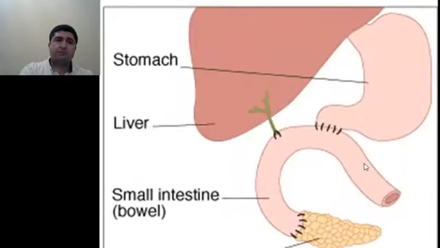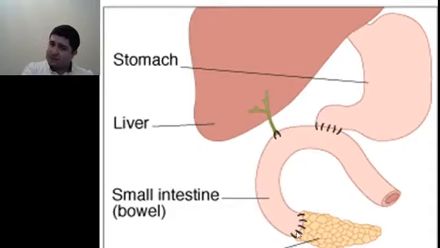A very big operation. And here you can see what we do. One more anastomosis between stomach and jejunum, the pancreatic anastomosis, and the choledochojejunal anastomosis. So bile, after this operation, will go directly from the common bile duct to the jejunum.